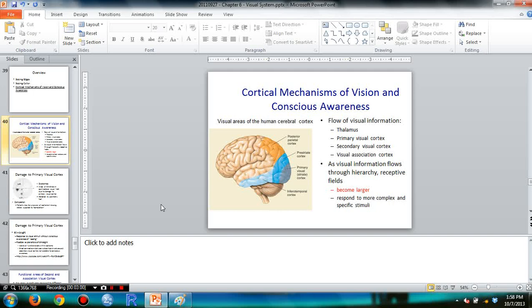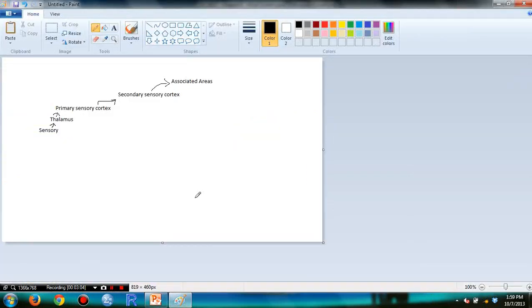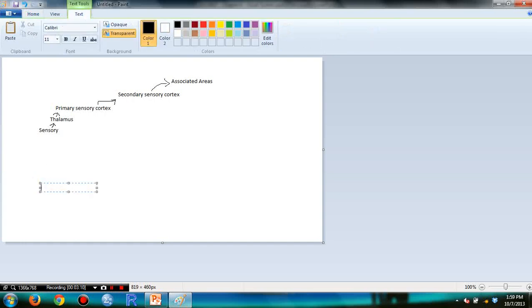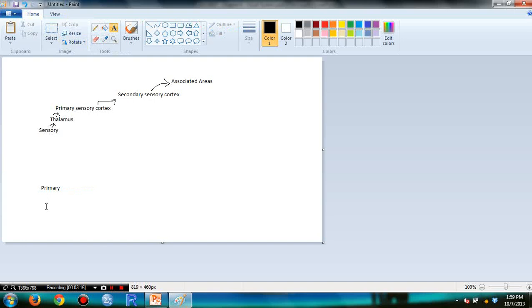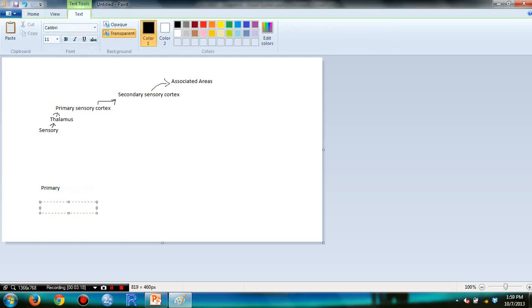In secondary, now we might have things that respond to something like this, a triangle. So a cell might fire whenever it sees a triangle in a particular part of the visual field. So the receptive field becomes more complex.